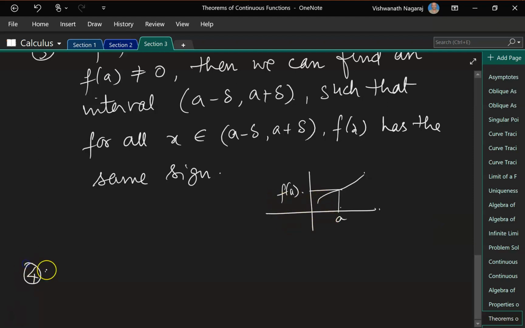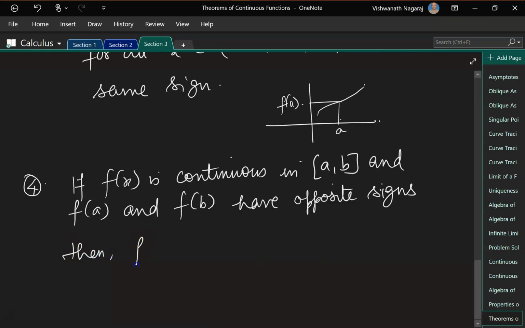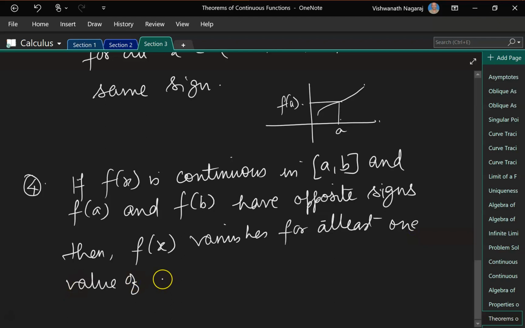Okay, fourth one, if f(x) is continuous in the closed interval [a, b] and f(a) and f(b) have opposite signs, then f(x) vanishes for at least one value of x belonging to the closed interval [a, b].